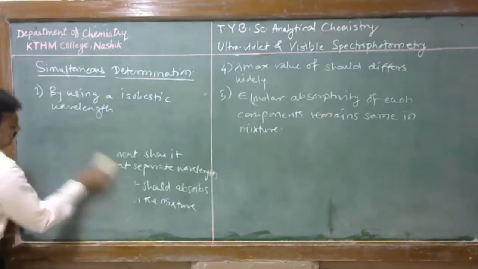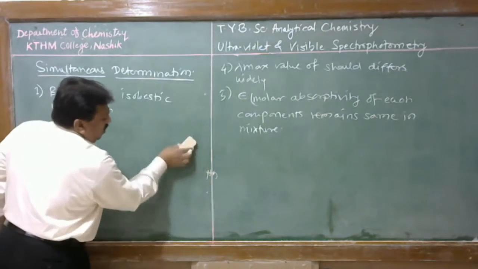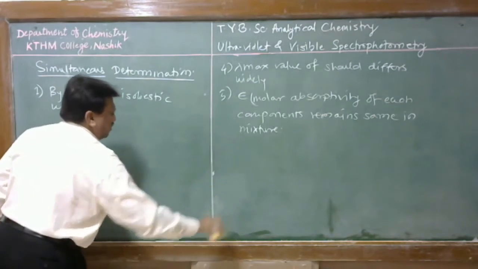Isosbestic wavelength is the wavelength at which two or more components have the same absorptivity.